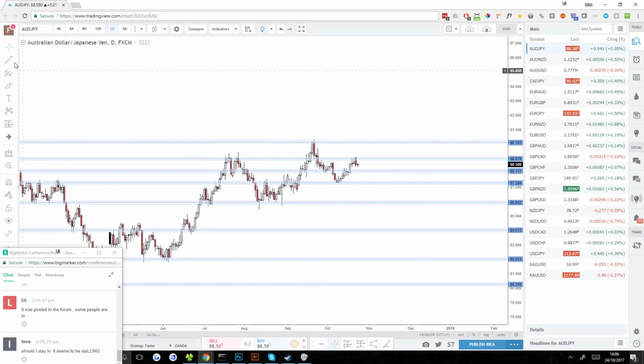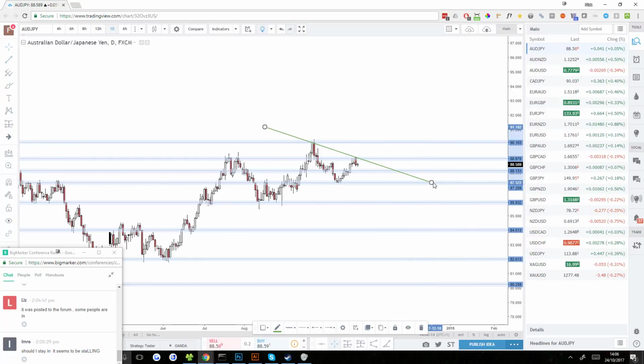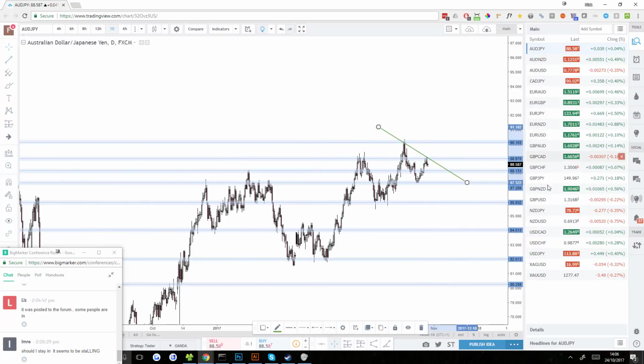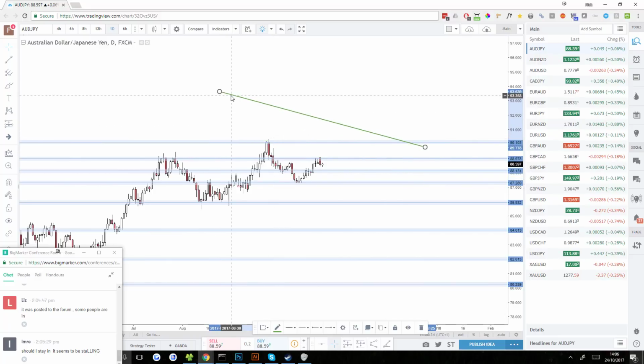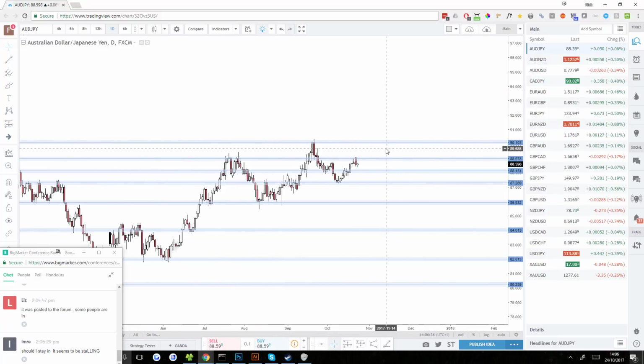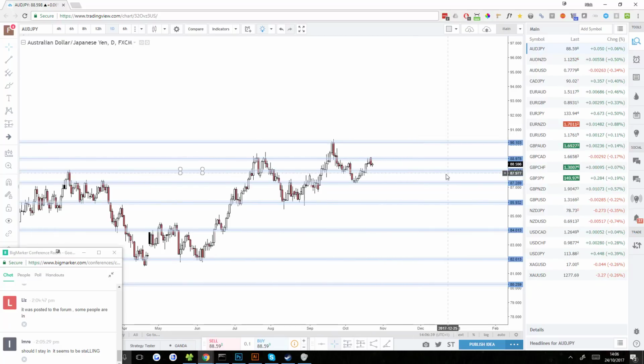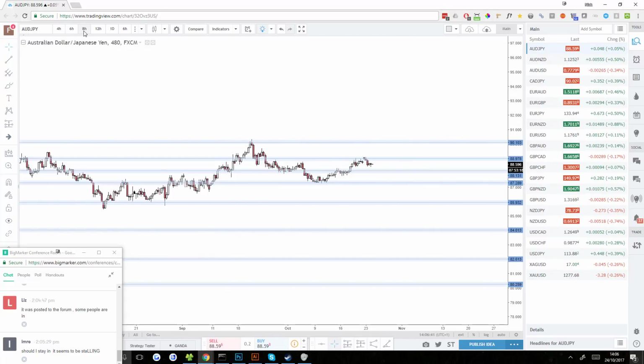So this could be the start of an overall downtrend on this pair, and then you've got what looks like some chart patterns. But we don't really pay much attention to chart patterns. I just thought I'd bring that up because we're seeing a few of them here. But anyway, the main point is, it looks like it's starting to trend down.